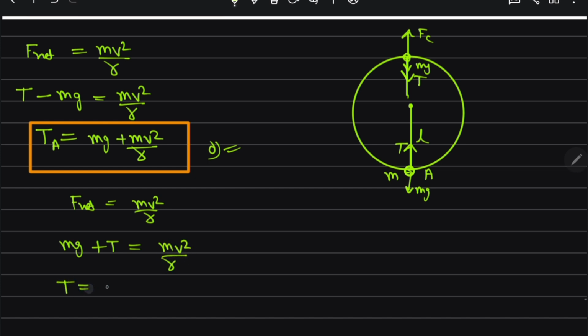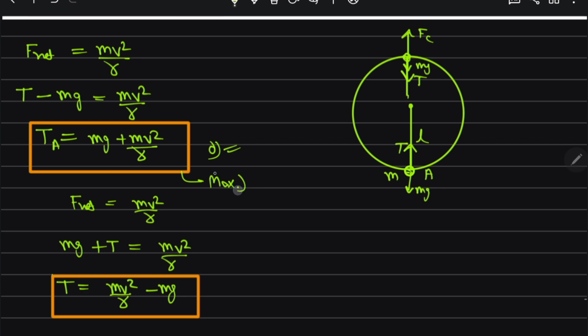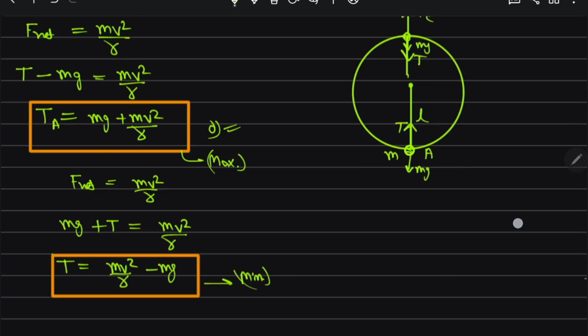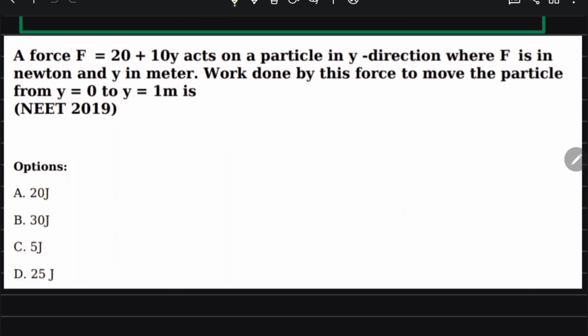So T comes out to be mv square by r minus mg. So here the tension is minimum, and the chance of breaking is maximum at the lowest point. So which option? Option D is correct. So I proceed for the next question.